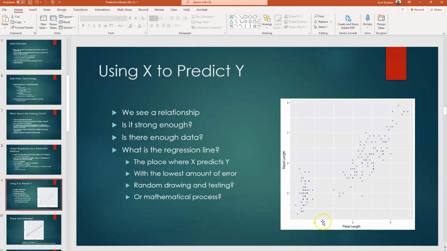If you draw a line, you calculate the distance between that line and each of these data points, add it all up as absolute values, and you want it to be the smallest number possible. It's called least squares, the least amount of distance between the line and the points. That determines your slope and your intercept, because that regression line is going to cross the 0 point, and it's going to determine how steep your actual line is going to be.